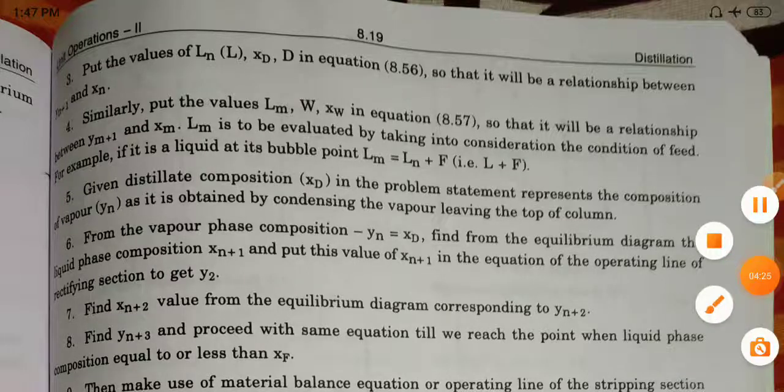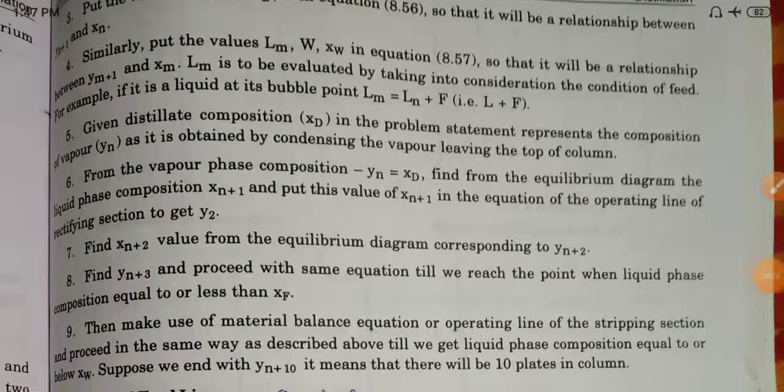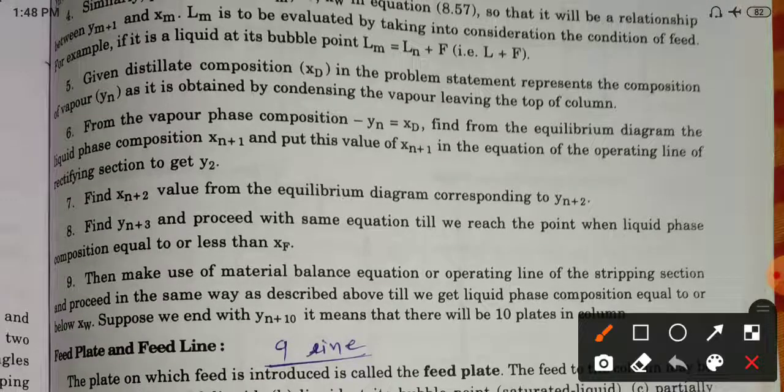Number 6: from the vapor phase composition, yn is equal to xD. Find from the equilibrium diagram the liquid phase composition xn plus 1 and put this value of xn plus 1 in the equation for the operating line of the rectifying section.